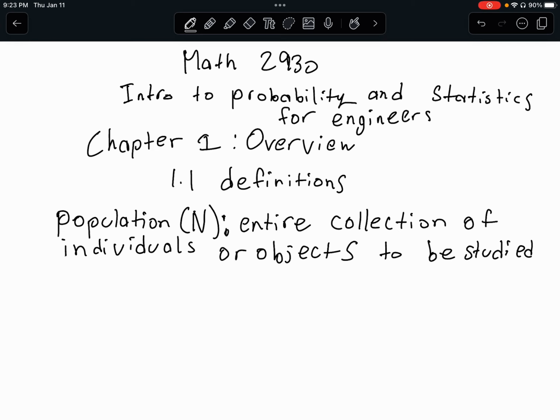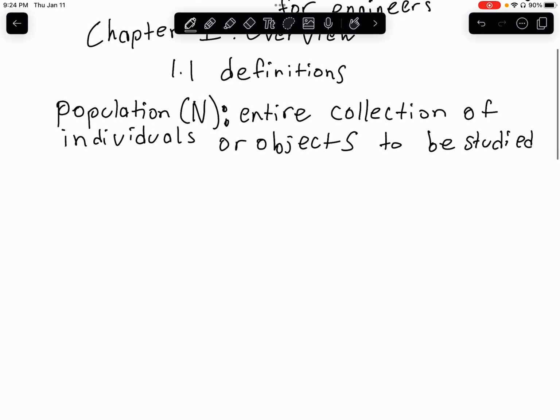Let's say the population of a city: it counts every single person that lives in that city. Let's say Toronto, if I'm trying to do a statistic on how many people in Toronto go watch the Raptors game, I'm going to take the population of specifically just Toronto and not anywhere else outside the GTA. That's an example of a population: the population of Toronto.